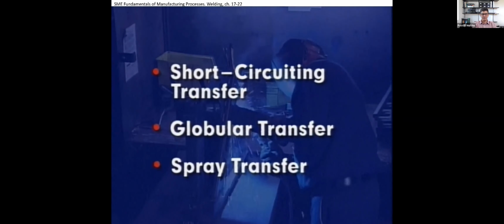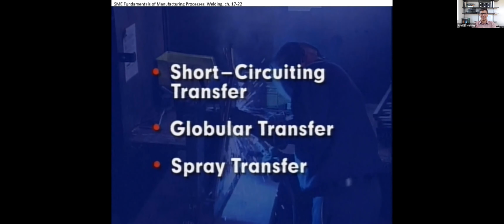The characteristics of the gas metal arc welding process are best described in terms of the three basic modes by which metal is transferred from the electrode to the work: the short-circuiting transfer, the globular transfer, and the spray transfer.